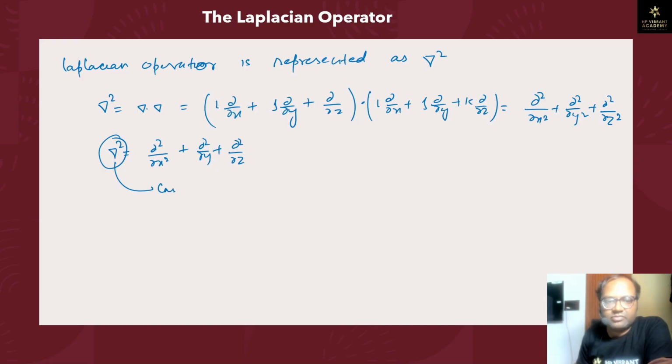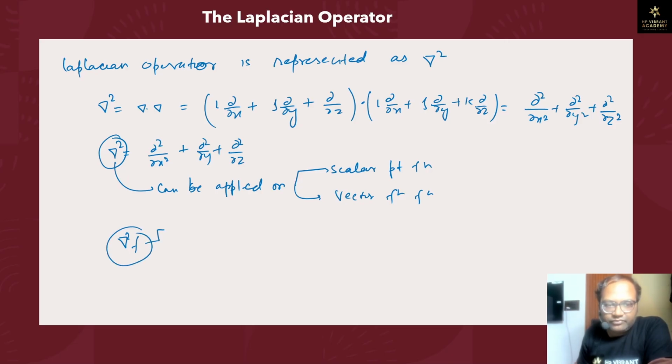So this can be applied on a scalar point function or vector point function. So del square f: if f is a scalar point function, then del square f is a scalar quantity.